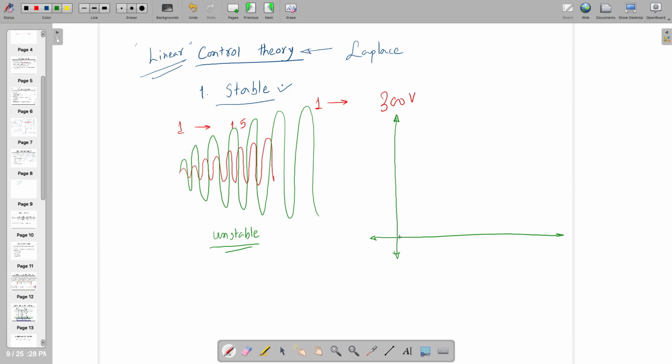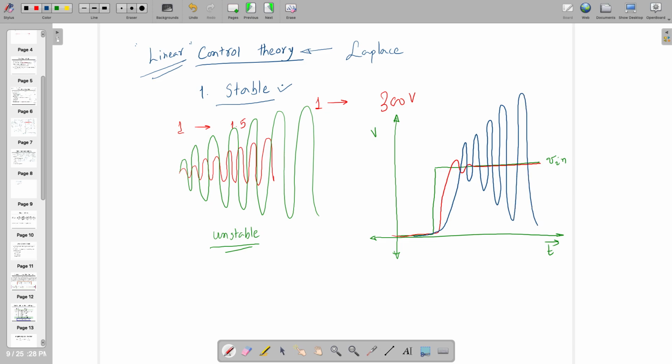This is one thing. Let's assume that this is my input and my output. One output is like this and one output looks like this one, right?